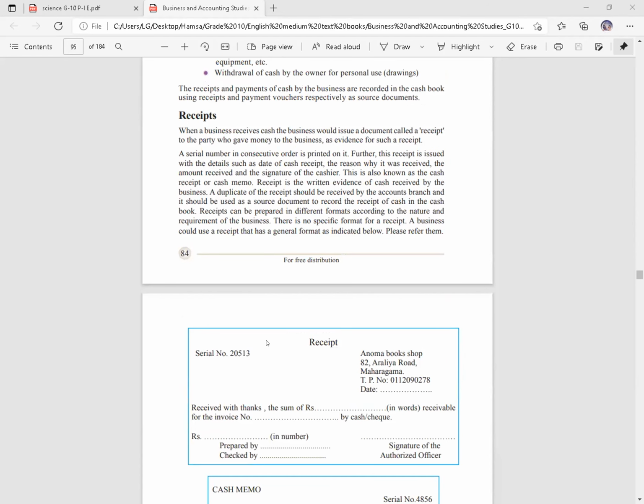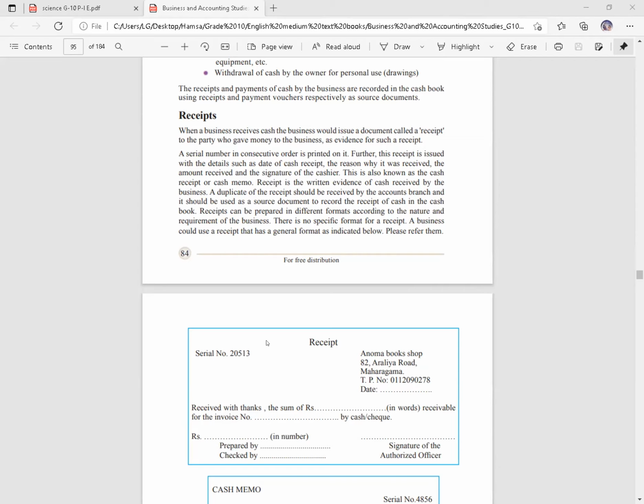So, when you're recording these cash receipts and payments in the cash book, you need some evidence. You can't just keep those transactions in your mind and record them, right?